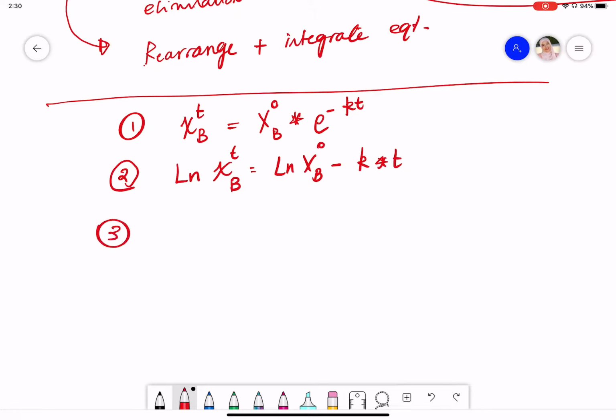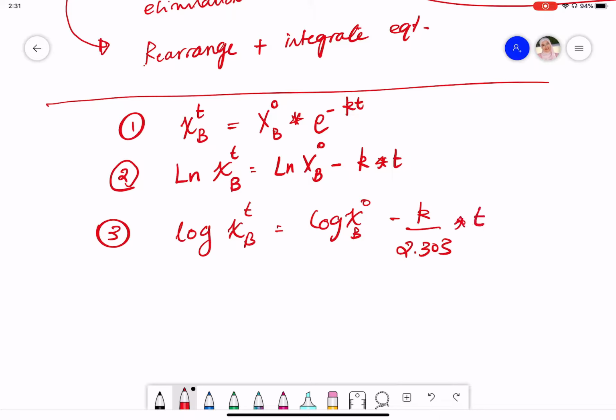The third equation is log Xp equals log Xp naught minus k over 2.303 multiplied by the time. And again, if you go back to your notes, the only change is that we are using Xp as the amount in the body. And for sure this is at time t, and this is the initial amount that we have.